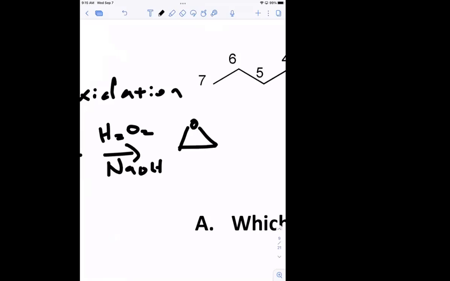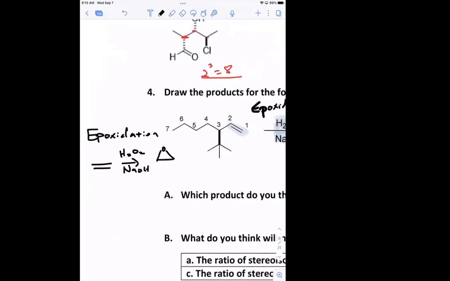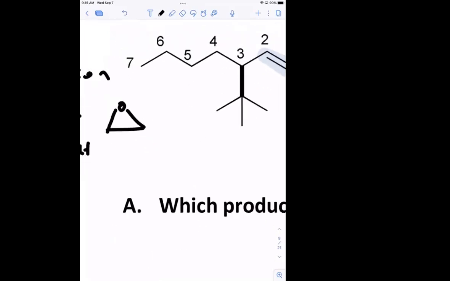So that's the reaction. It's an epoxidation. Right, epoxide is a cyclic ether.